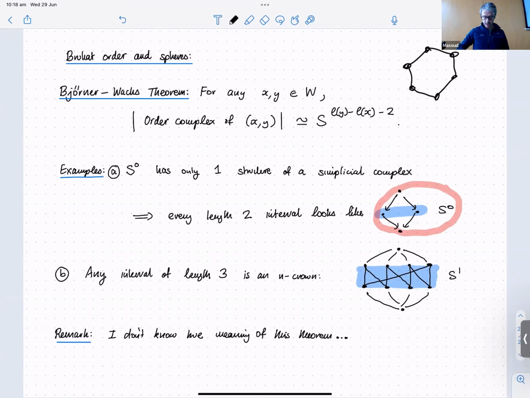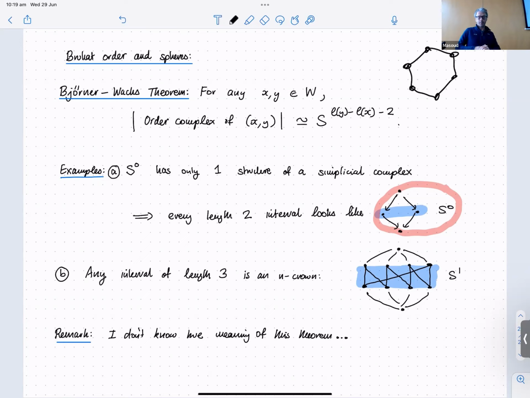So I don't know the true meaning of this theorem. It's very nice. There's a more interesting formulation of this due to Björner, which explains that Bruhat intervals give rise to regular CW complexes. Maybe I'll just say that very briefly. Out of the Björner-Wachs theorem, for any Bruhat interval, you get a triangulation of a sphere.